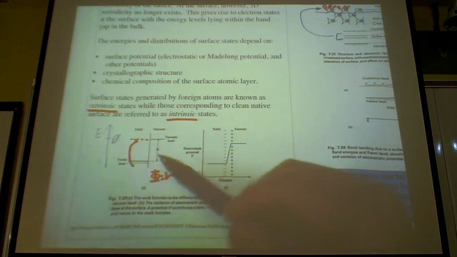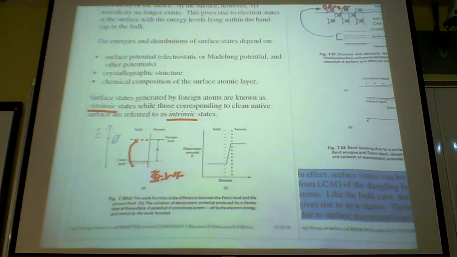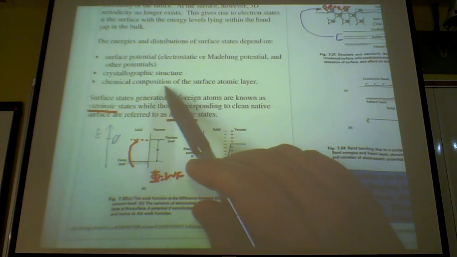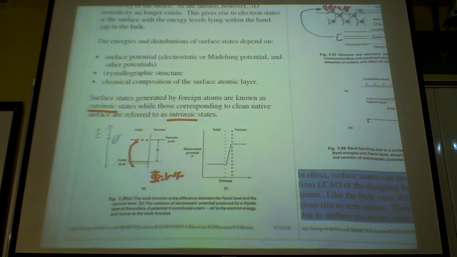And this work function, of course, is related to the surface potential. Different materials will have different work functions, and it is indirectly related to the chemical nature of your material: silicon and germanium have different work functions, and so does lithium and so forth.